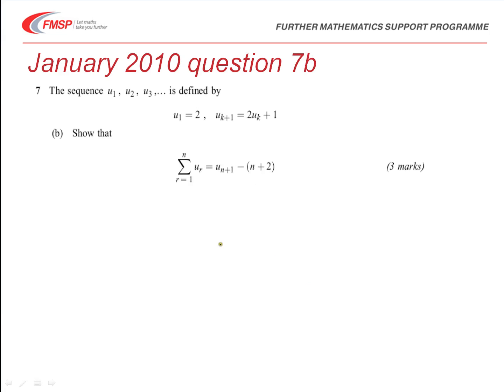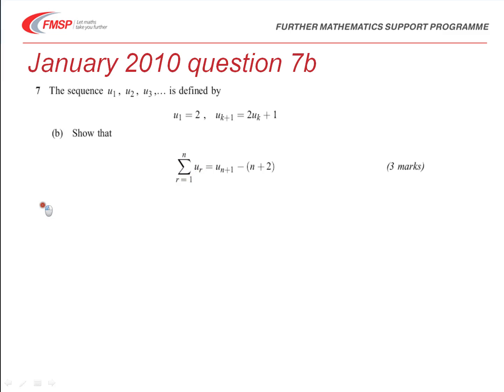Okay, now moving on then to part B. Remembering we just showed the result that's true for our sequence, we've now got to find the sum of all of our terms.